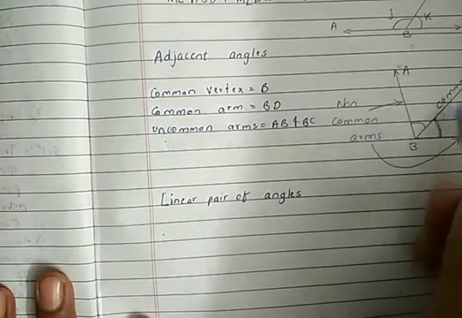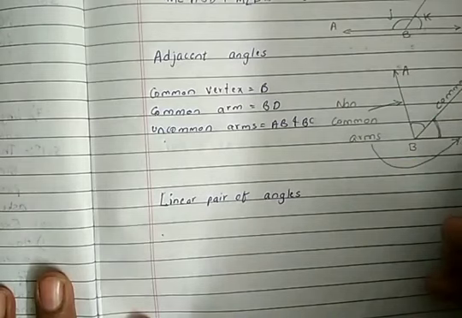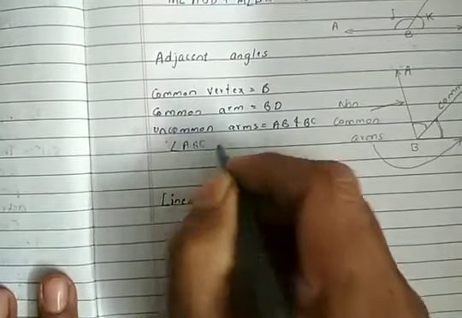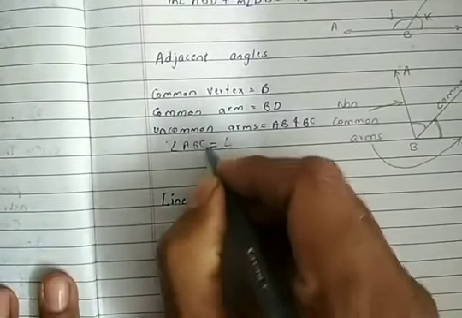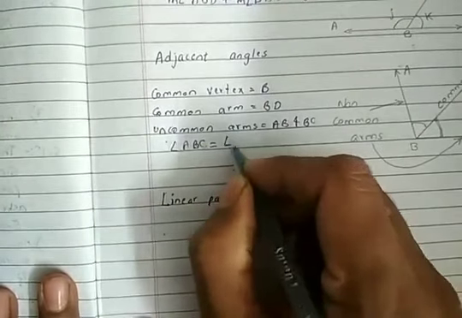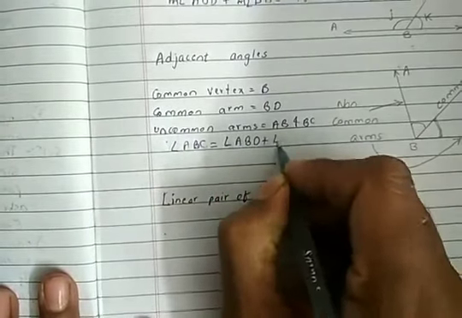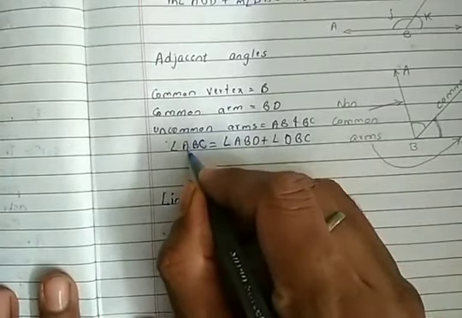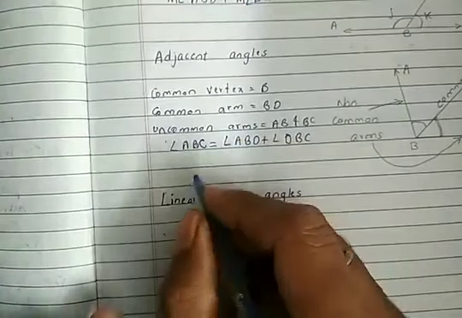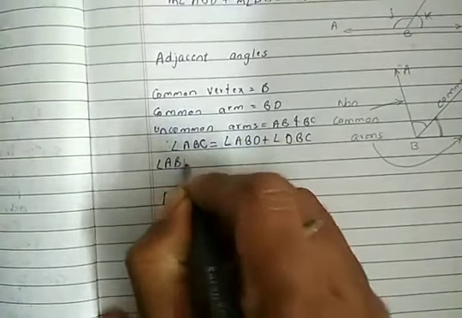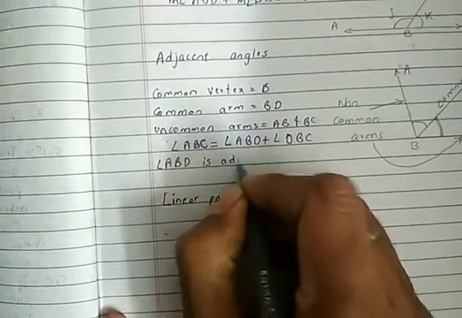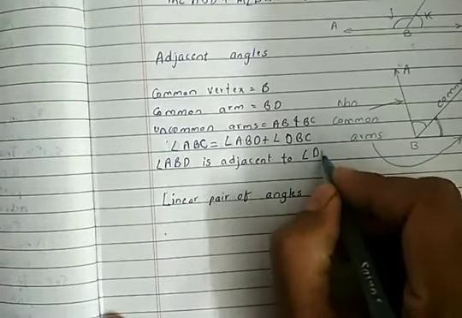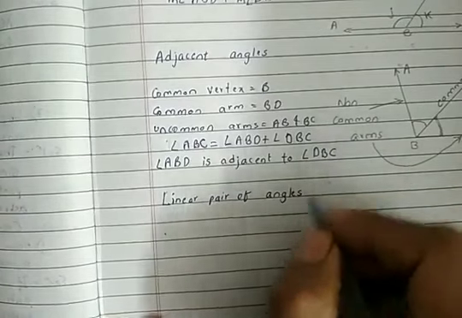Then you can say that these two angles are adjacent angles, right? You can also say that angle ABC equal to angle ABD plus angle DBC. Okay. Angle ABD is adjacent to angle DBC. Right?